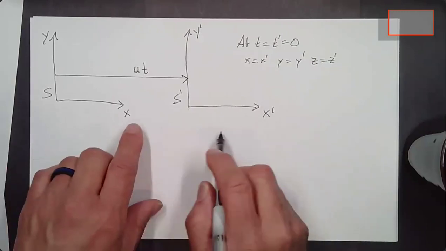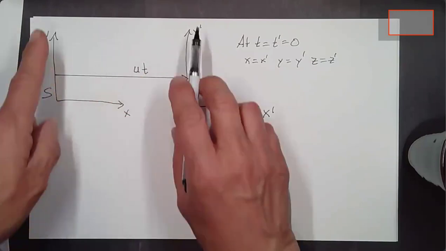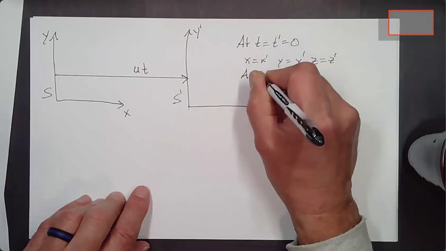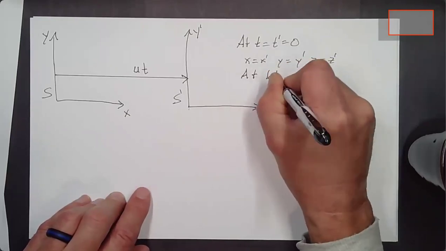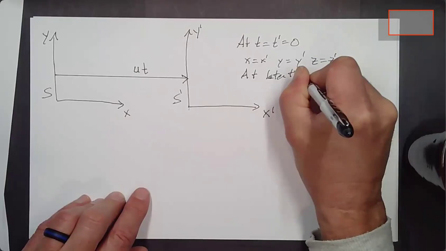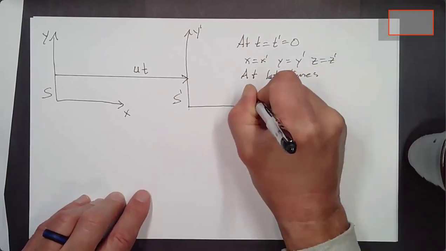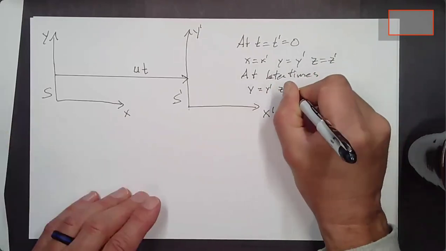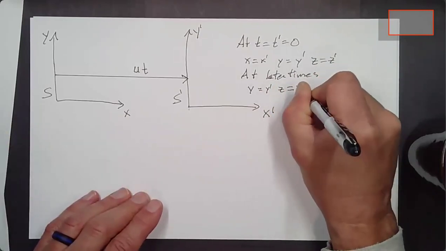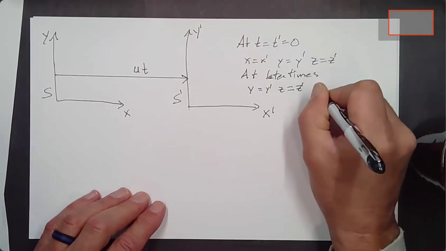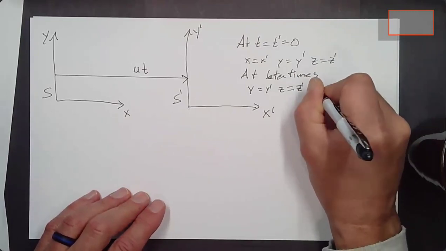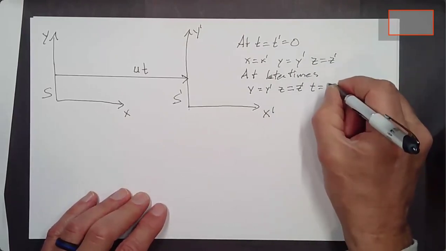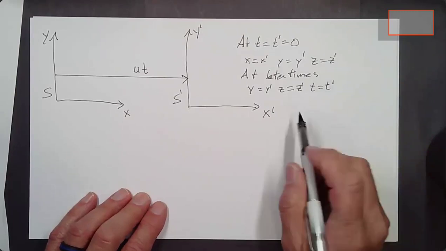Well, there's nothing going on in the y direction, so that'll always be equal. We'll have y equals y prime. There isn't anything going on in the z direction either, so z is always going to equal z prime.